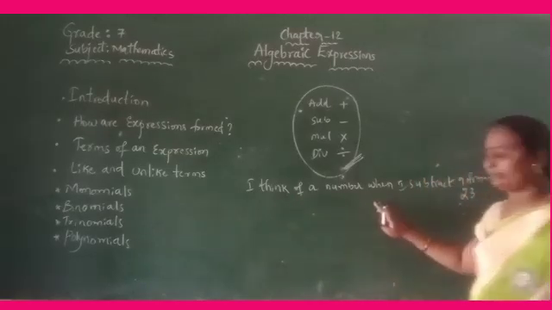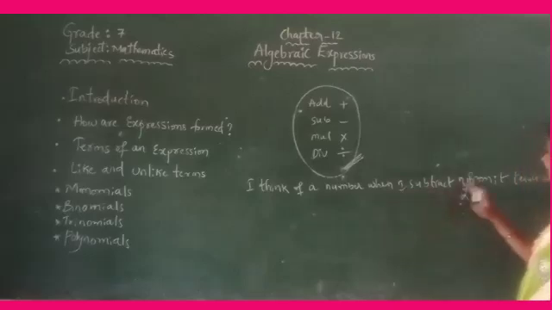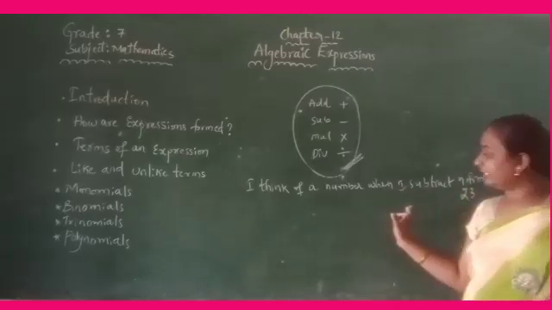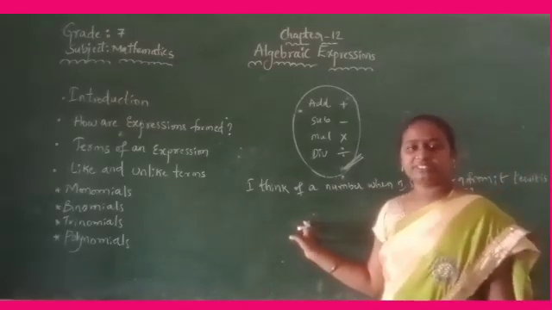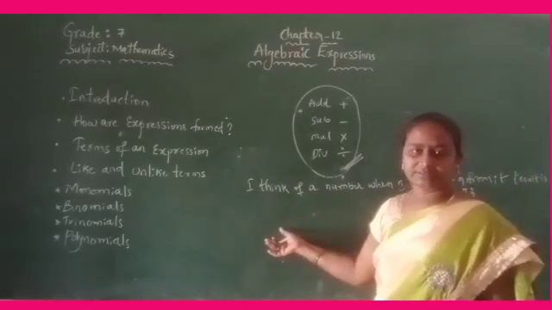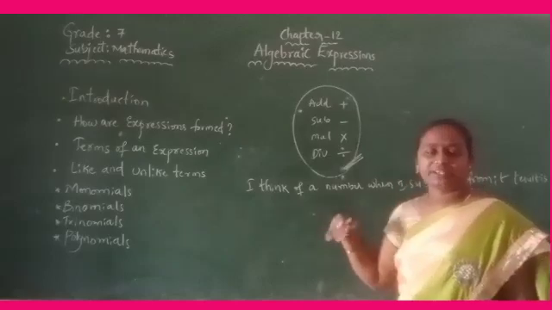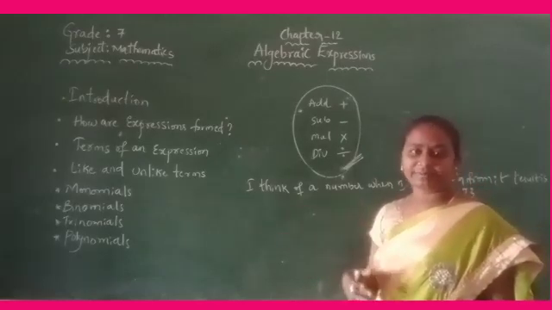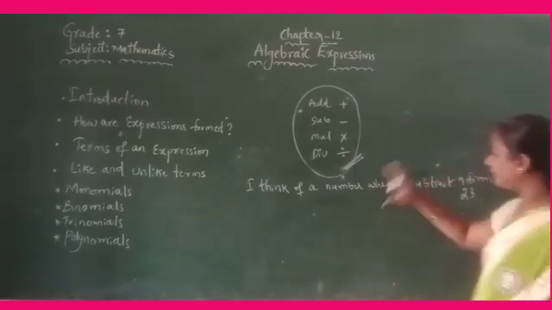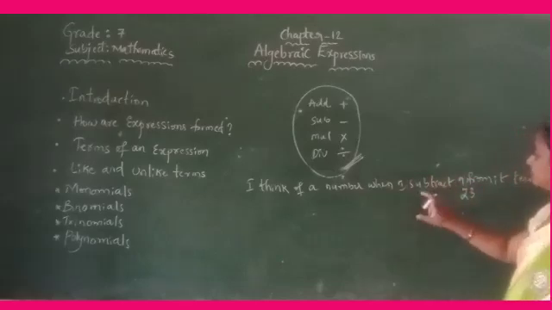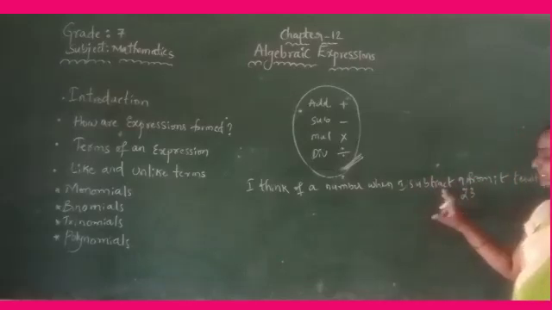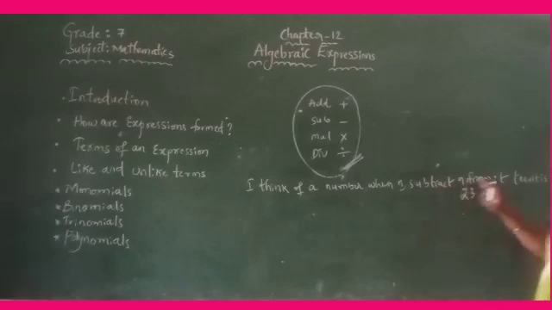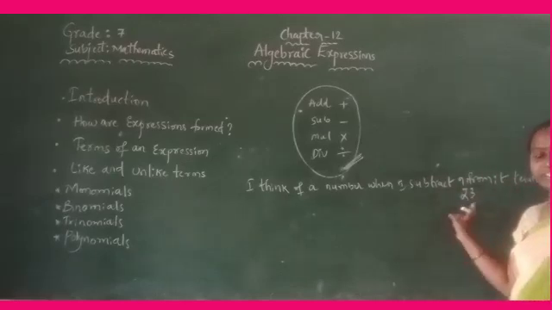I think of a number. When I subtract 9 from it, the result is 23. You don't know which number I am thinking of, but from that number 9 is subtracted. So what is the result? 23. So 23 is the result.